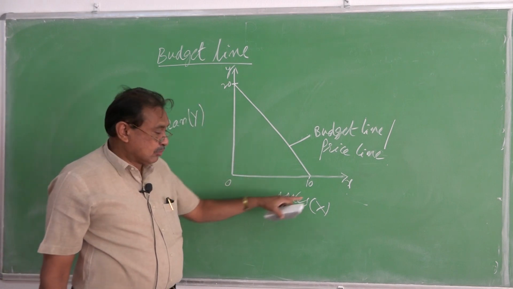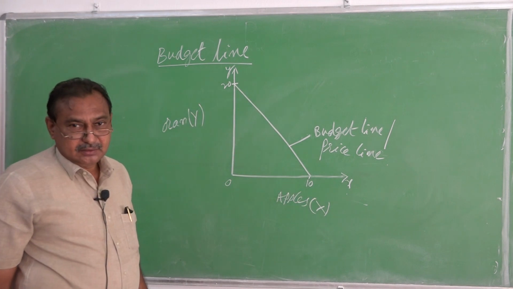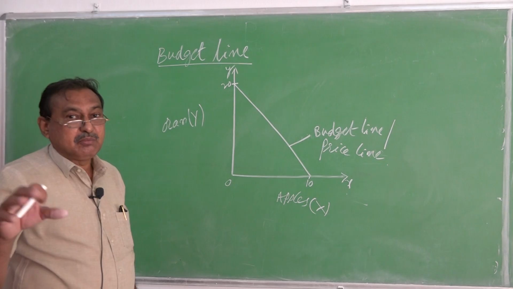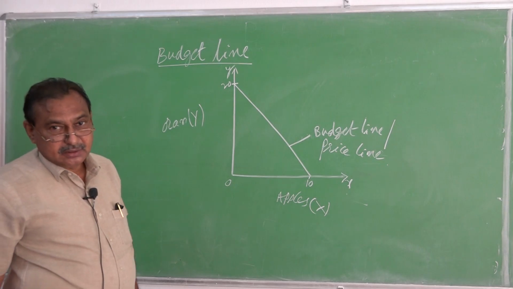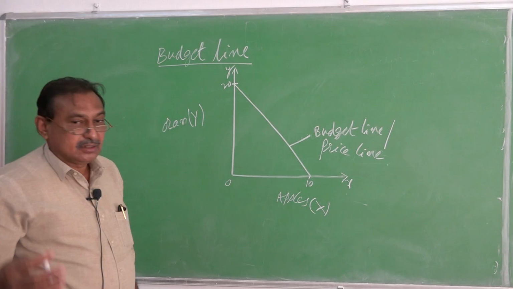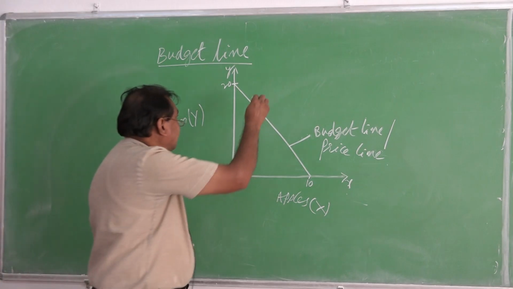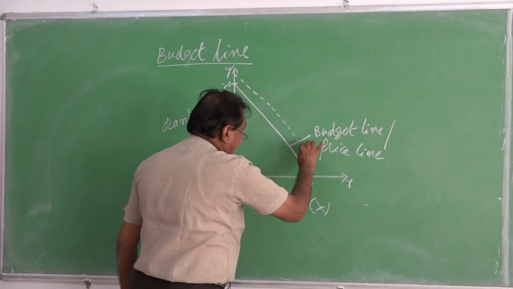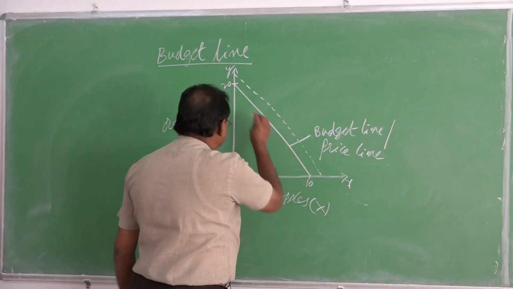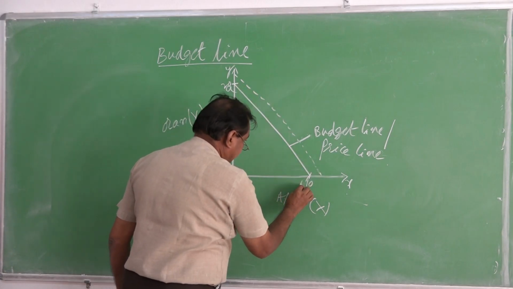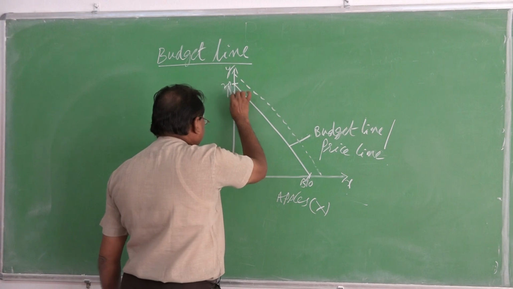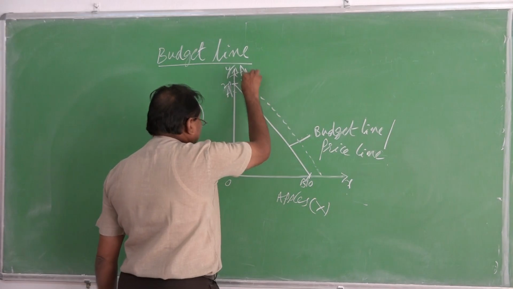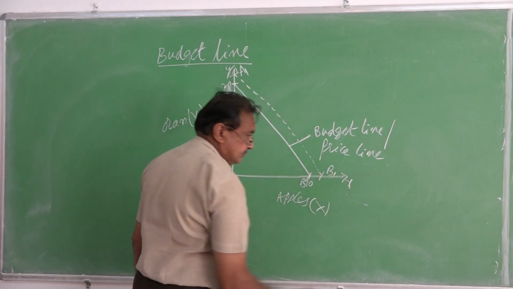Sir, I want more apples and more oranges. It is possible if you have more money, more than 100 rupees. For example, a consumer having 200 rupees can purchase more oranges and more apples. This is A and B, capital A and capital B. This is a budget line, and A1 B1 is another budget line.